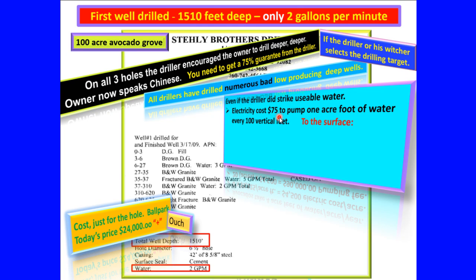Electricity costs $75 to pump 1 acre-foot of water every 100 vertical feet to the surface. 75 times 15 equals $1,125 to pump 1 acre-foot.